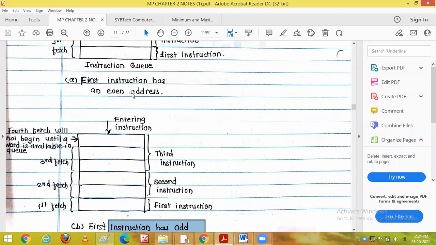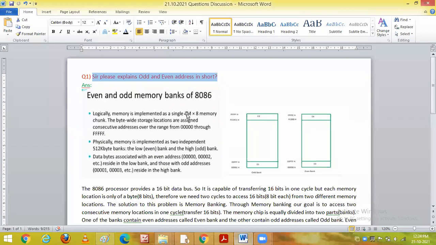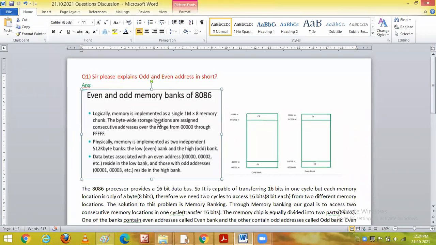In that odd and even, I clearly mentioned here, in the memory, whatever memory is allocated for a particular instruction in the 8086 microprocessor, that memory always starts with 00000. The 8086 has 16-bit address lines. 16-bit address lines means what?